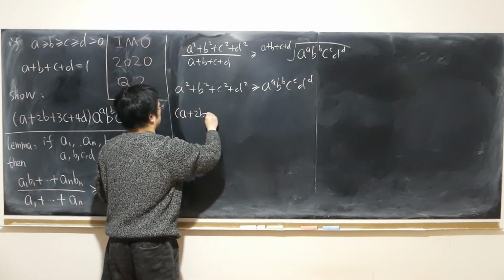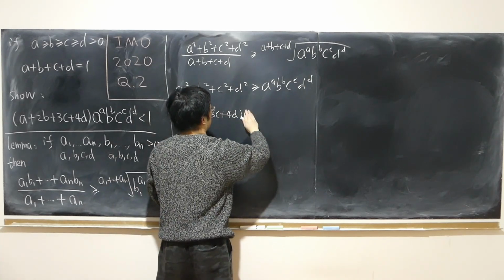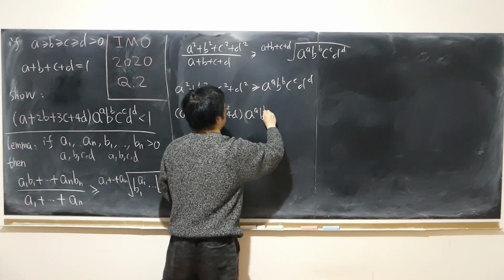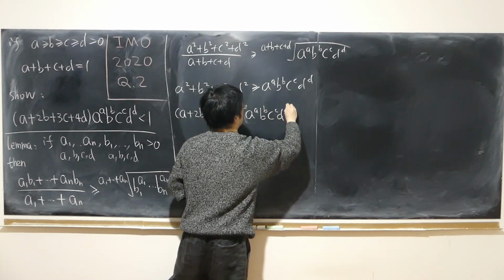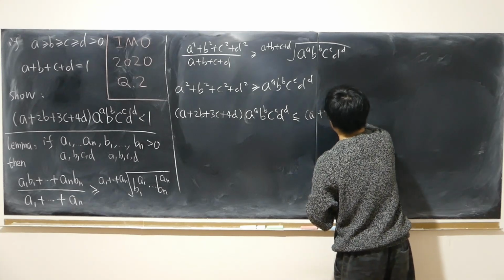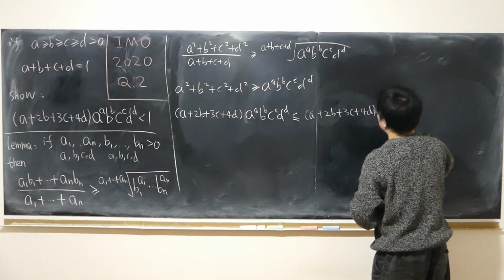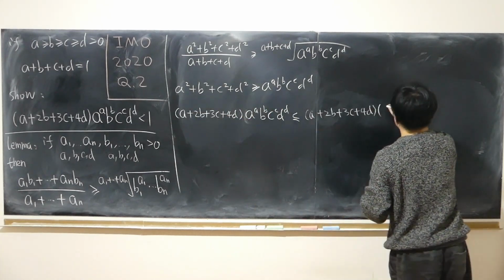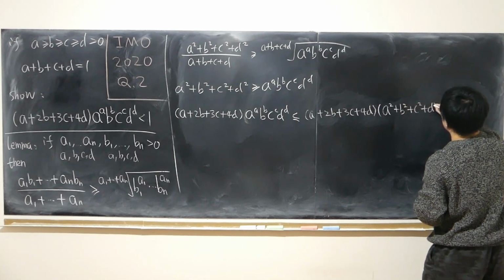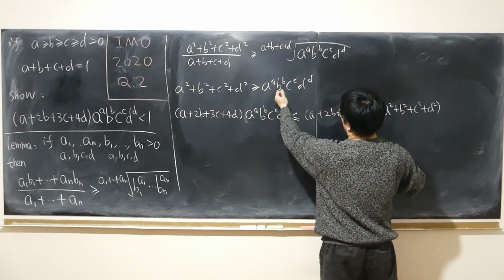A plus 2B plus 3C plus 4D times this bit, A to the A, B to the B, C to the C, D to the D, less than or equal to A plus 2B plus 3C plus 4D times this bit, A squared plus B squared plus C squared plus D squared. Right, somehow I have this. Right, this is always true, following that.